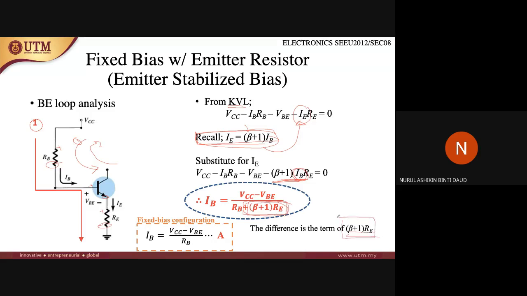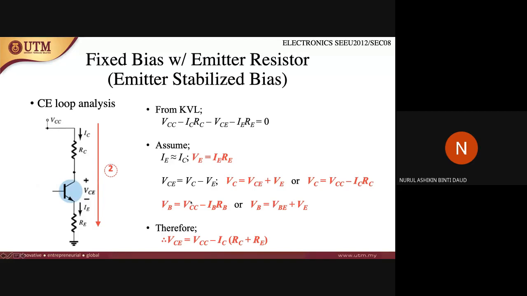The others are the same, only the division part is different. For fixed bias configuration, we only consider the resistor at the base. But for the emitter stabilized bias circuit, you need to consider the resistor value at the emitter as well. This is the only difference between these two circuits.